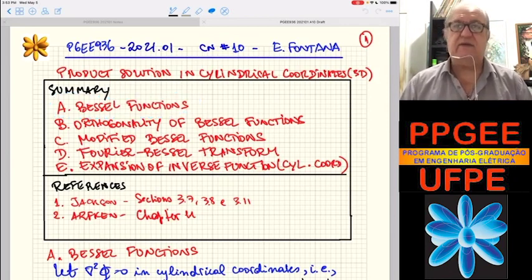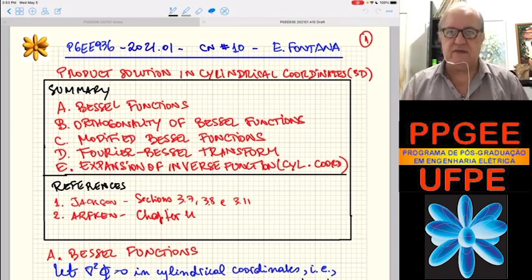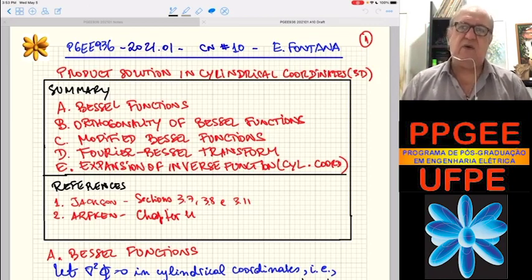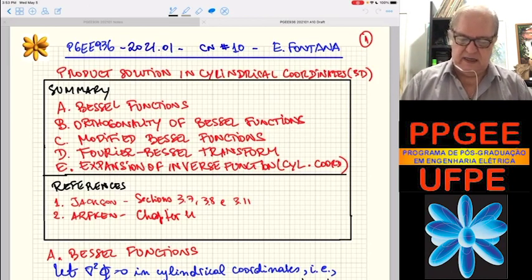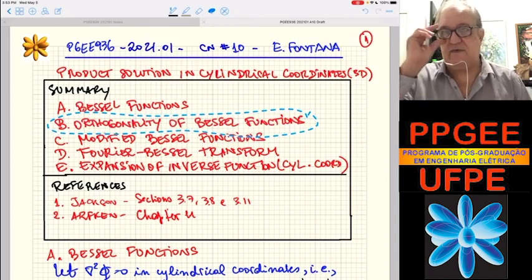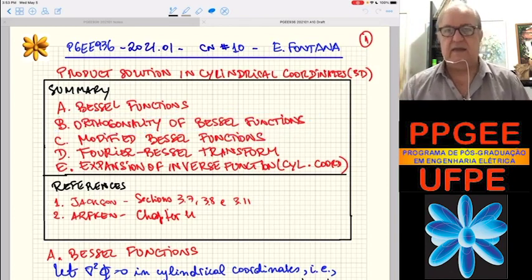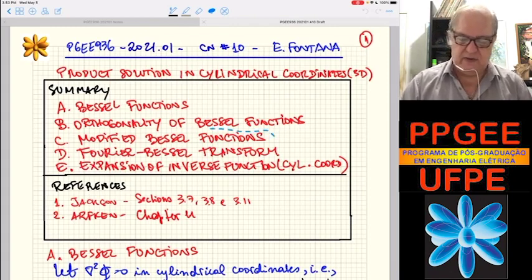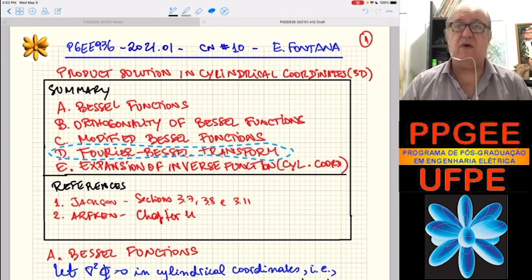We're going to talk a little bit on the properties of those functions, on how they look, what the asymptotic behavior is for low and large arguments. We're going to talk about orthogonality of these functions, in which context these functions can be orthogonal in the function space. And also we're going to talk about modified Bessel functions and the Fourier-Bessel transform.